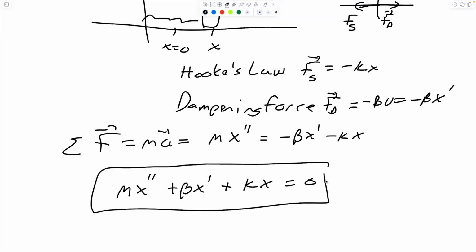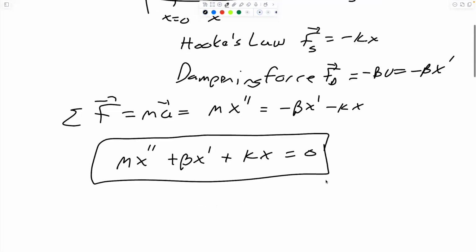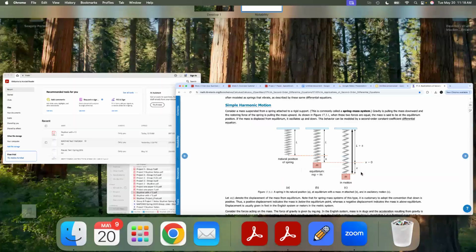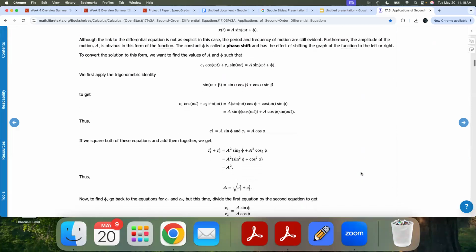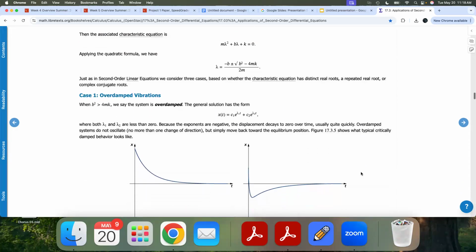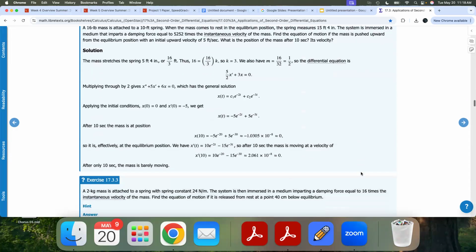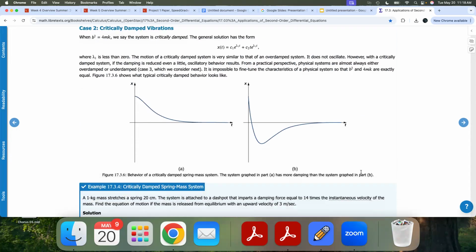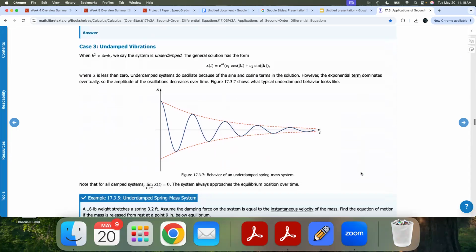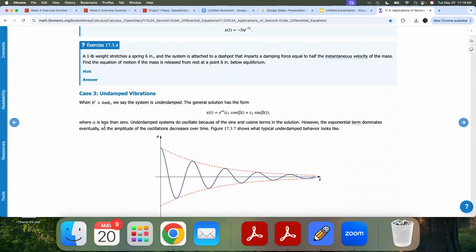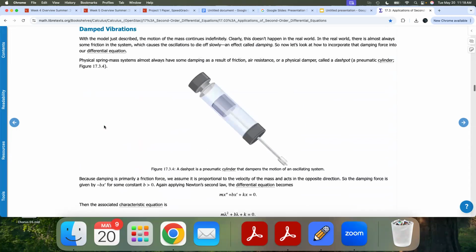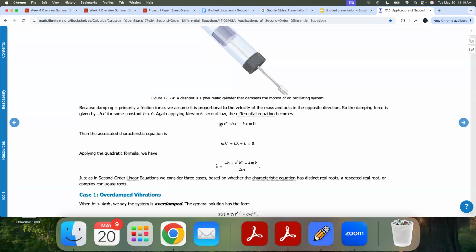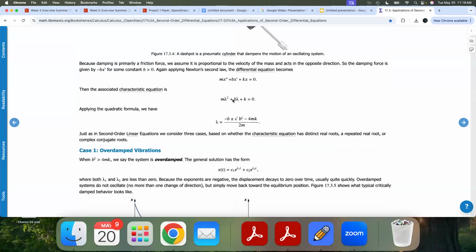Here's our DE. And even in this source here, we get underdamped. So here's our DE.